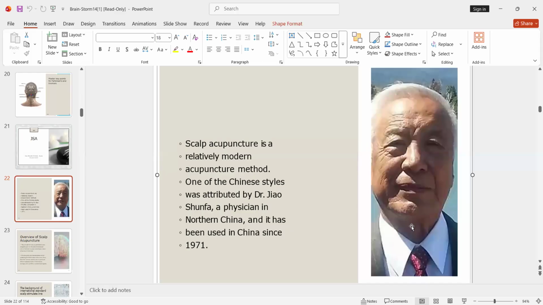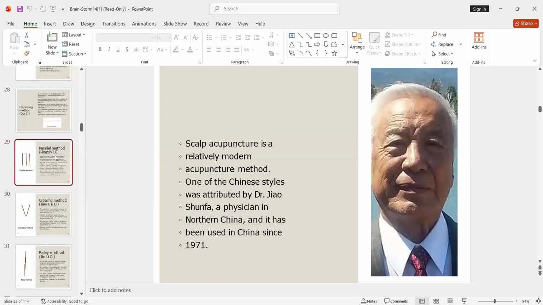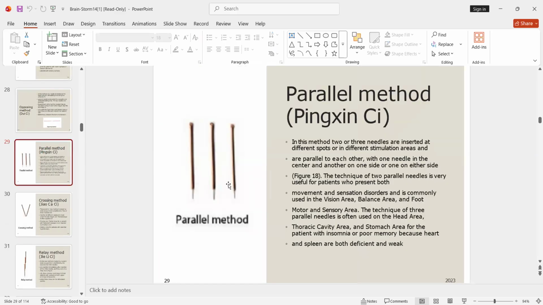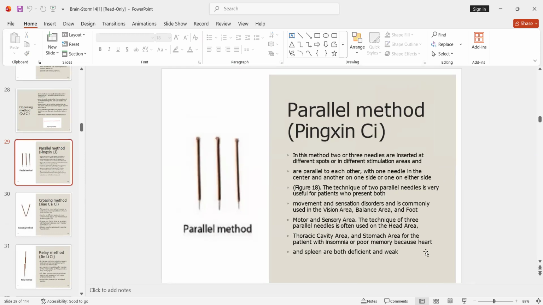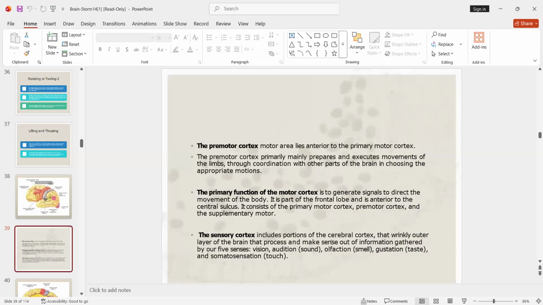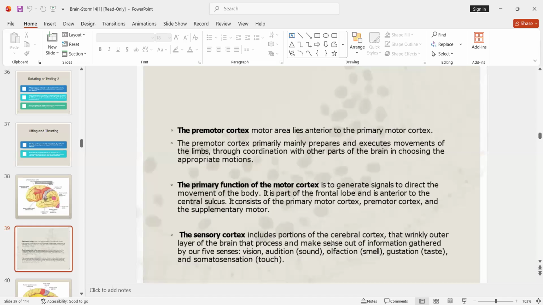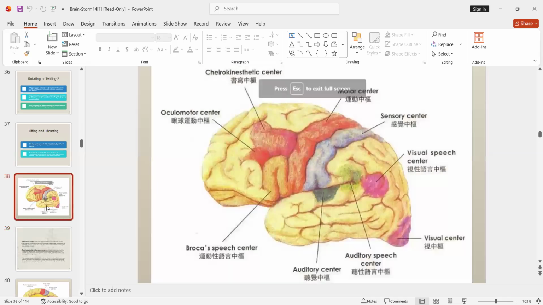Go for 39. Dr. Anita, go for 39. Oh, it is going one back. I am going one fast. 38. Yes.